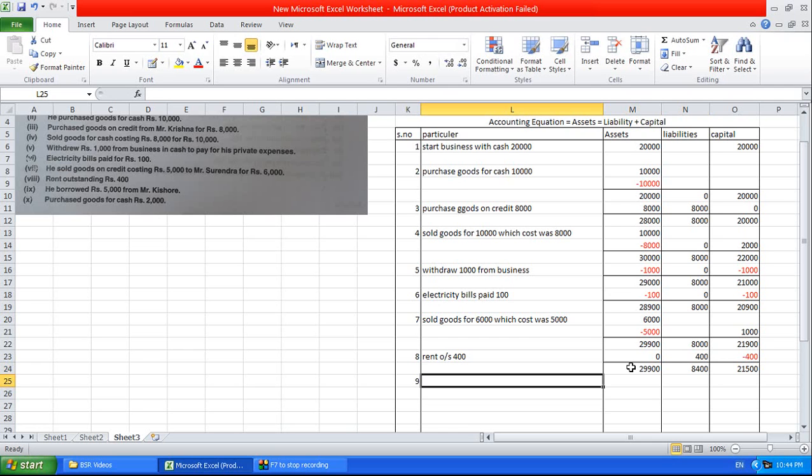Borrowed means he will get cash 5,000 definitely, but still the liability will be increased. Now after passing this entry, the effect will be like this.